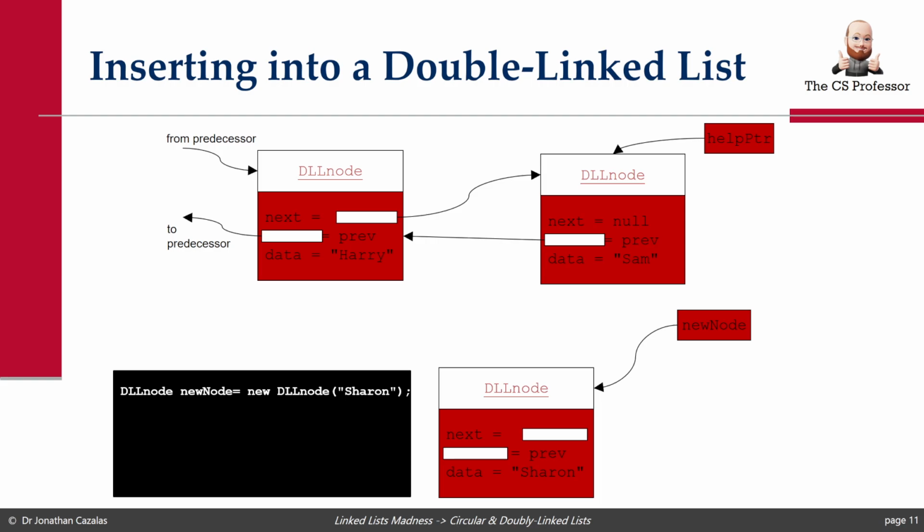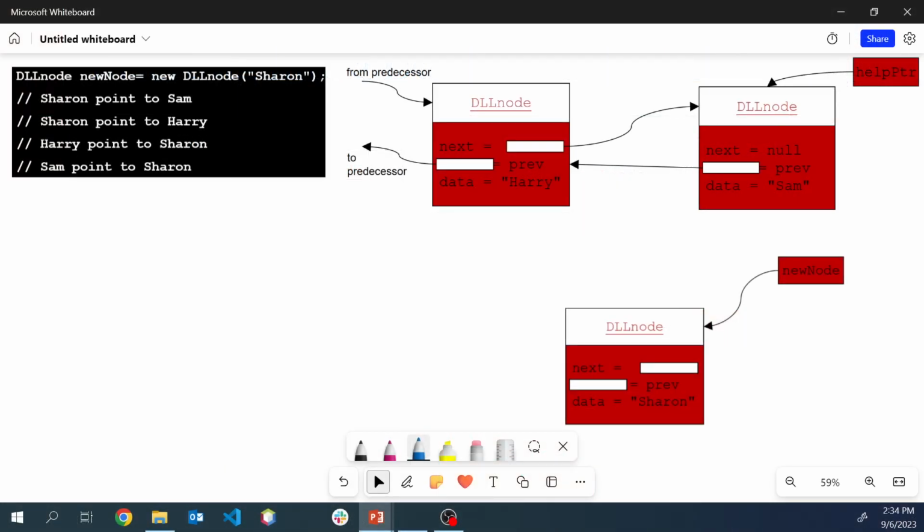Let's go jump over to the tab. And here we have that exact same picture. I went ahead and gave comments here showing what needs to happen first. We need to first make Sharon point to Sam, which means, if I want to make Sharon point over to Sam specifically, what of Sharon needs to point to Sam?